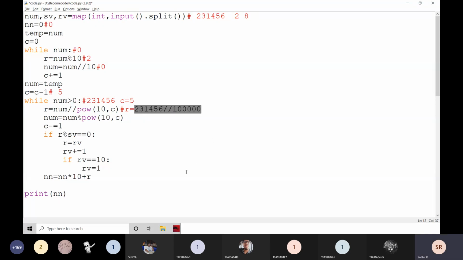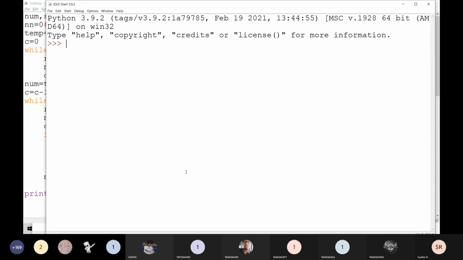If I am going to execute it, it is going to be like this. Just observe here, I am going to find the first digit here. For example, I am going to take this value like this, and instead of double by, I am going to take the modulus symbol, and it is the remaining values.